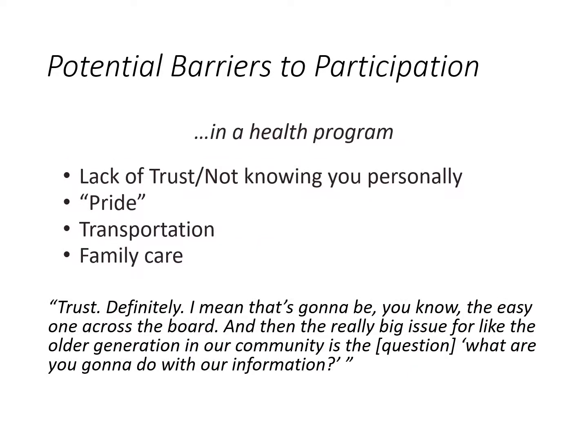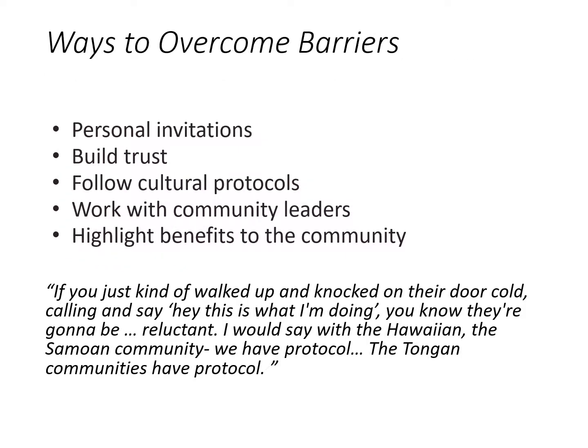For my work, I identified lack of trust, pride, transportation, and there's a quote to show that. Another theme was, how do you overcome barriers? It had to do with building trust, personal invitations, and following cultural protocols. And just below that, you can see a quote that exemplifies this theme as well.